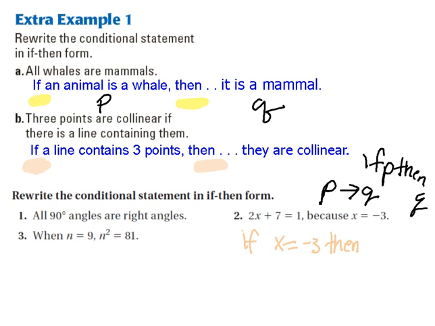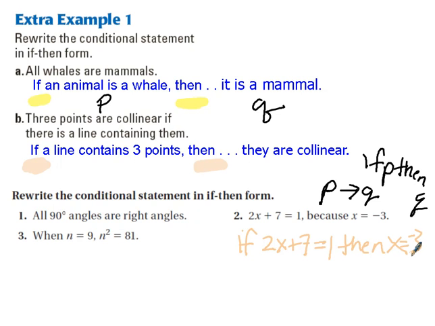Let's rewrite that. If 2x plus 7 equals 1, then x equals -3.